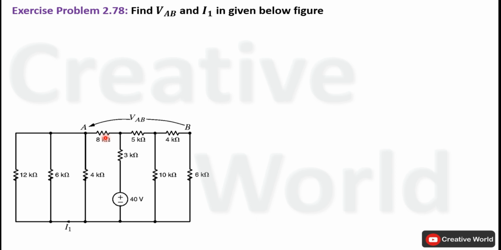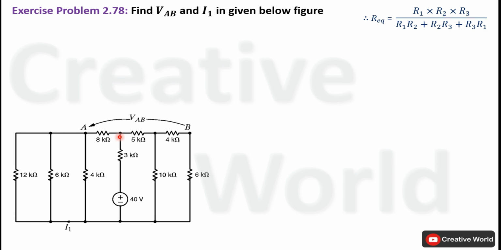For that purpose, we will start from the left hand side of the network. These three resistances are connected in parallel. In order to simplify the network, we will find their equivalent resistance and replace these resistances with that equivalent resistance. The equation will be R equivalent is equal to R1 multiplied by R2 multiplied by R3 divided by the product of R1 and R2 plus R2 and R3 plus R3 and R1.